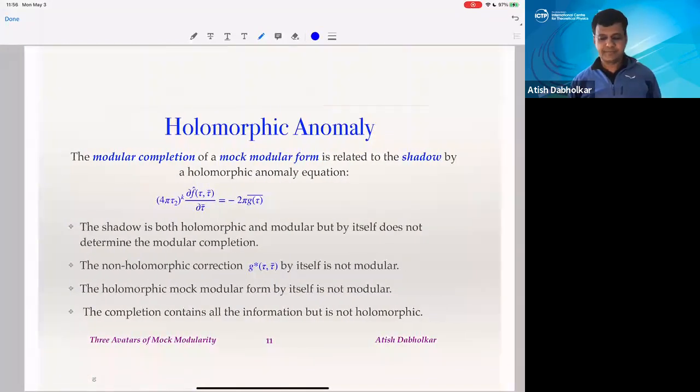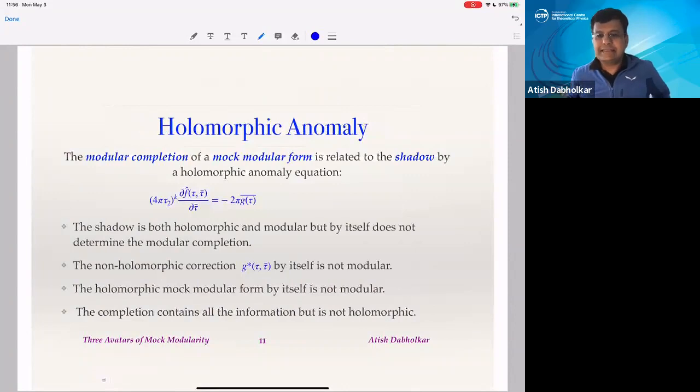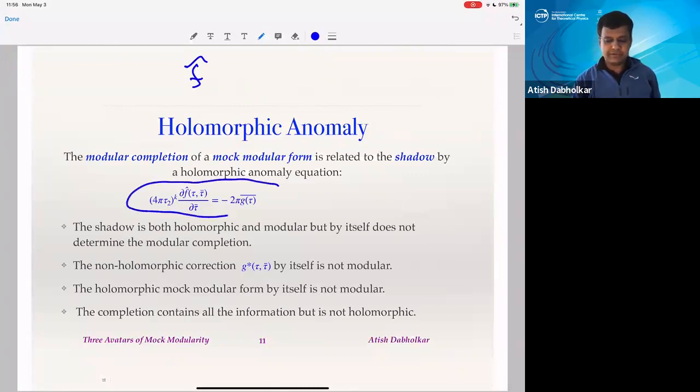And in fact, you can characterize the whole mock modularity discussion from a physics point of view as a holomorphic anomaly. It's not exactly the usual kind of anomaly, but it is a kind of anomaly, as I will explain. The modular completion, F hat of a mock modular form, is related to the shadow by a holomorphic anomaly equation, given by this equation.